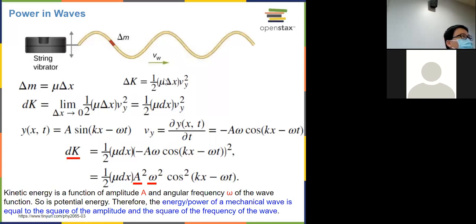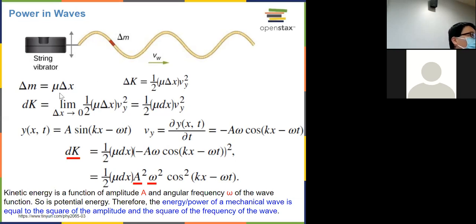And this is the mass for that small portion. Mu will be the mass per unit length, so the density per unit length times the length delta x of this small portion will be the mass. So 1/2 m v squared will be the kinetic energy.